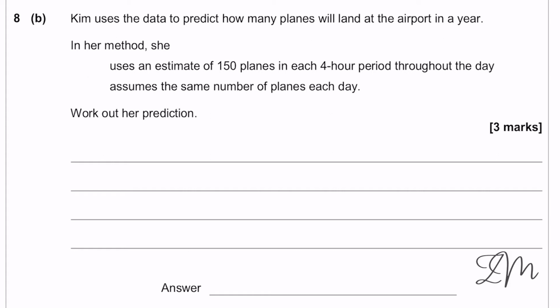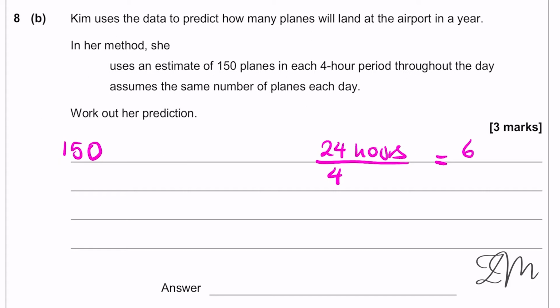Okay, so she's got 150 planes every 4-hour period. So we're saying, in 24 hours divided by 4, how many 4-hour periods are there? Well, there are going to be 6. So 24 divided by 4 is going to give us 6.